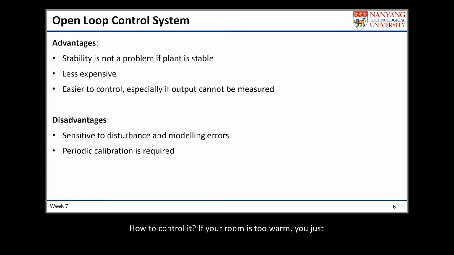If your room is too warm, you just turn it on manually. If your room is becoming too cold, then just shut it down. It's very simple, very straightforward. But of course, we don't like this. You cannot leave it to run by itself. You have to manually tune it by yourself. So those are the advantages of an open loop system.